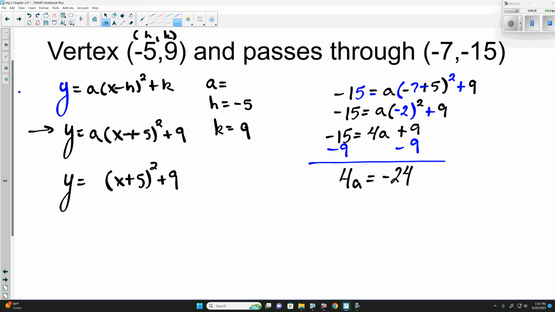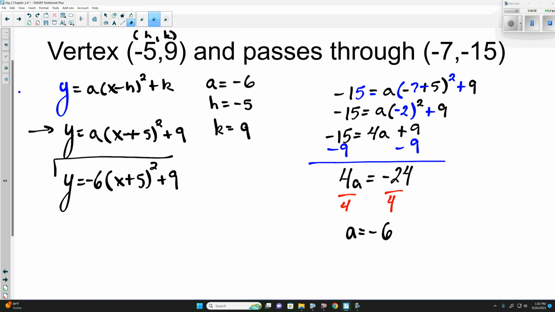And last but not least, we would divide both sides by 4, which would tell us a is -6. And that's it.